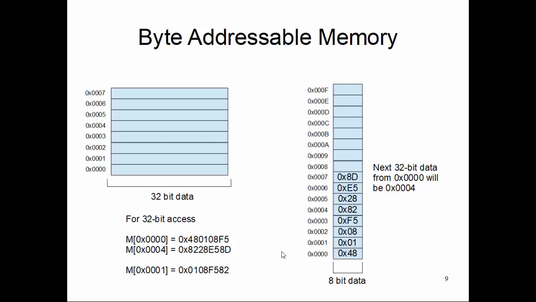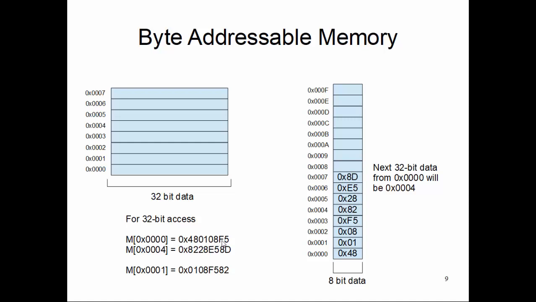Then one way we can store it is, starting from memory address 0, we keep 48, which is 1 byte. If you look at this number, 480108F5, this hex is multi-byte and there are 4 bytes.